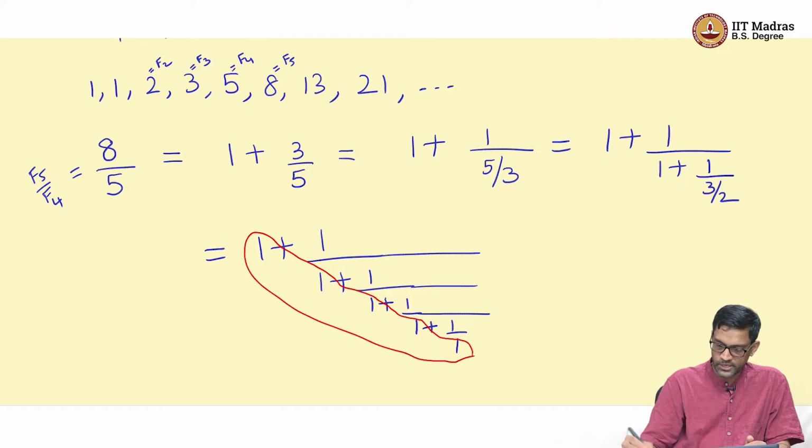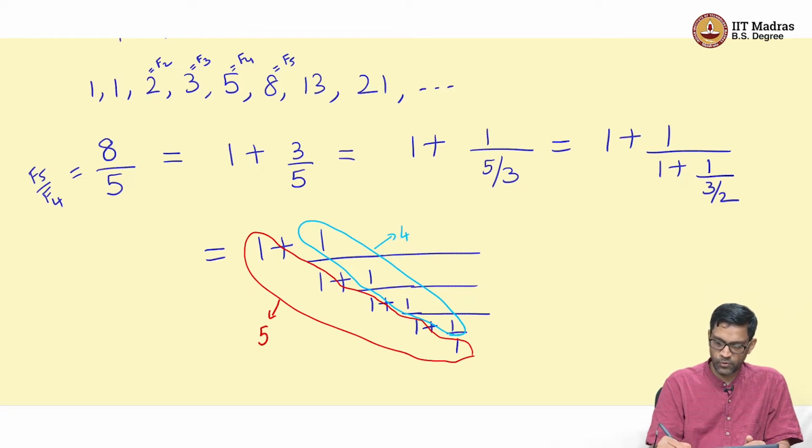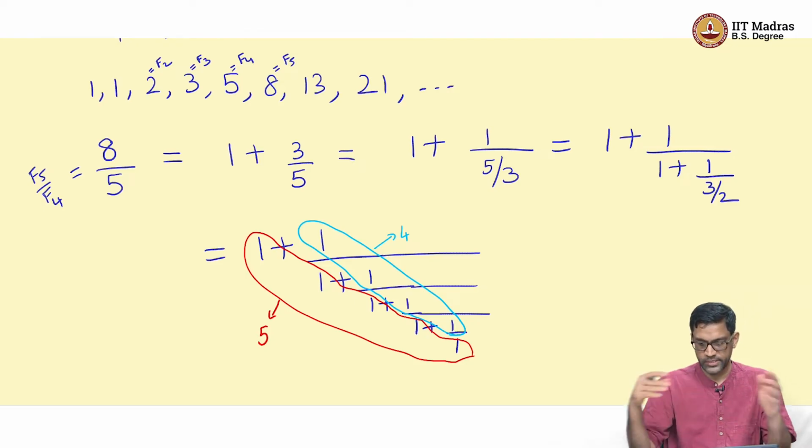The ones that appear on top, there are 4 of them. So here you have 4 ones, and here you have 5 ones. When you look at f5 over f4, you can either think of it as the lower sequence of ones having 5 ones in it, or the upper sequence of ones having 4 ones in it.